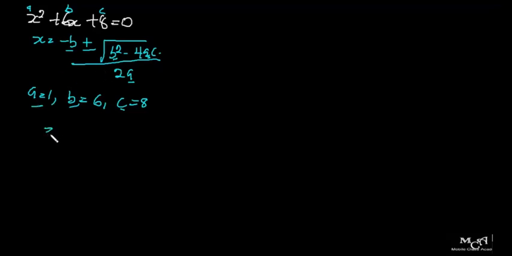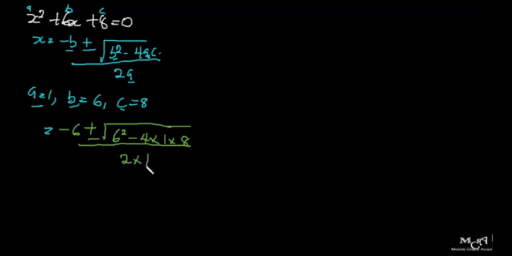So from here now, what do we have? We have minus 6 plus or minus the square root of 6 squared minus 4 times a, which is 1, times 8, all over 2 times 1. So from here, we have minus 6 plus or minus, what is 6 raised to power 2?